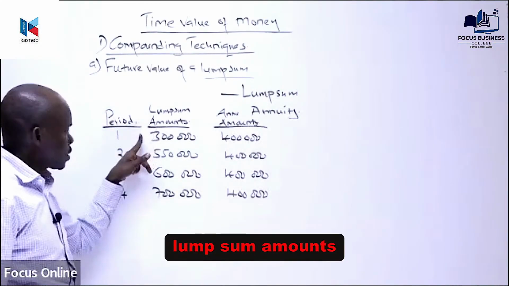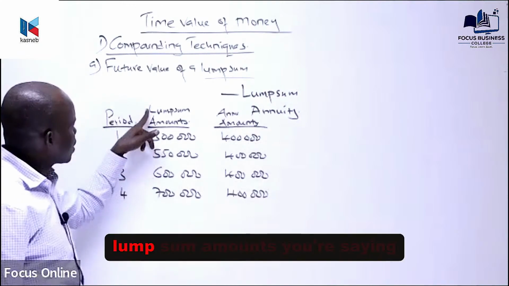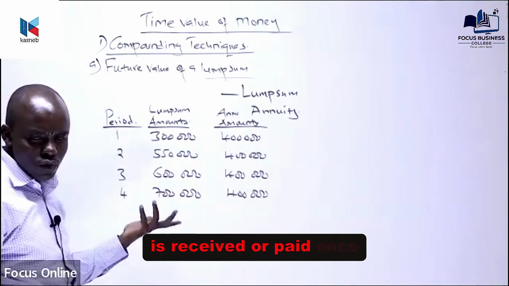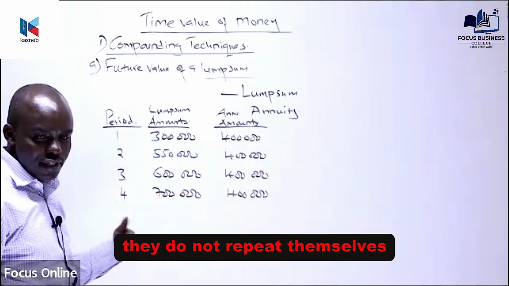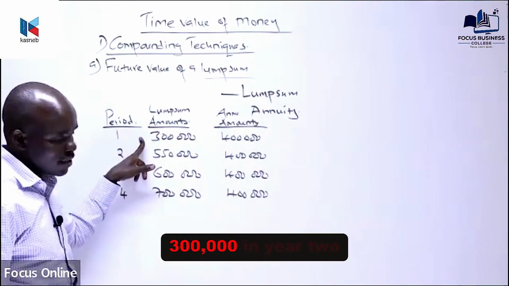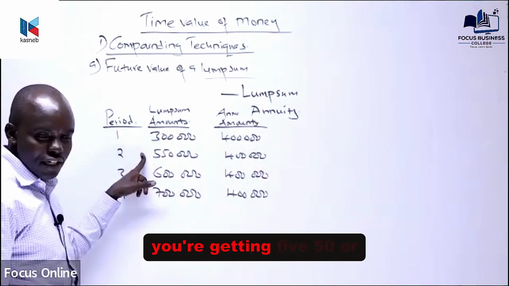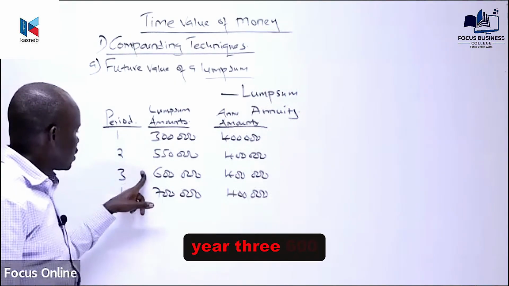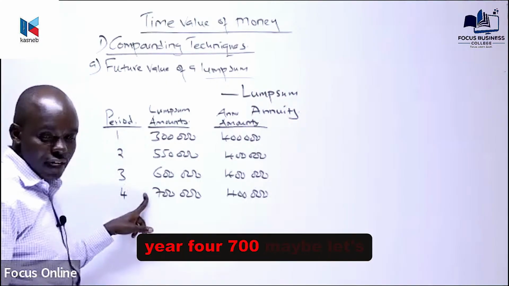Lump sum amounts are amounts which are received or paid once. They do not repeat themselves. For example, in year 1, you'll receive 300,000. In year 2, you're getting or paying 550. Year 3, 600. Year 4, 700.